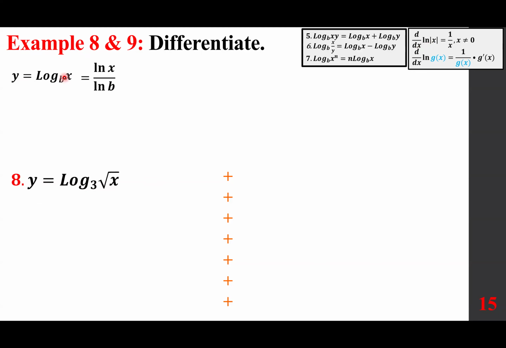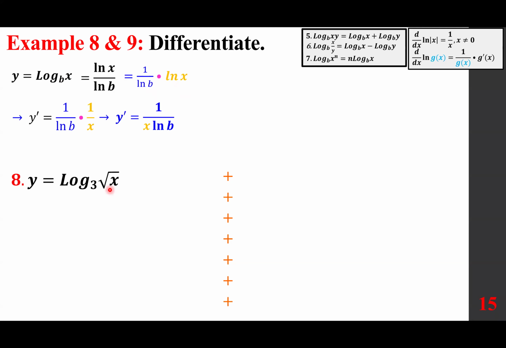In other words, 1 over ln b times ln x. 1 over ln b is just a number, a coefficient, a multiplier. So if I want to differentiate this, 1 over ln b remains, and I differentiate ln x, I get 1 over x, and I rewrite it as 1 over x ln b.